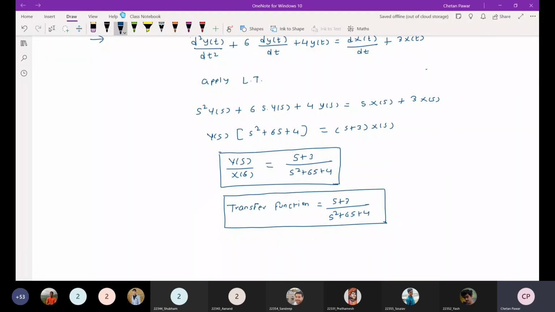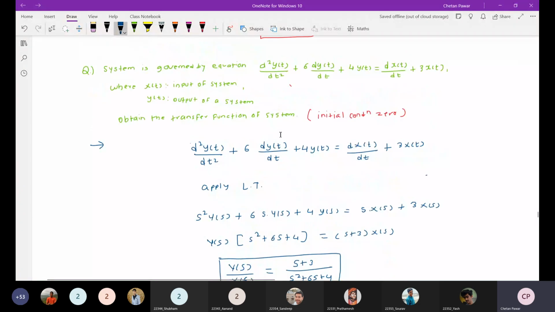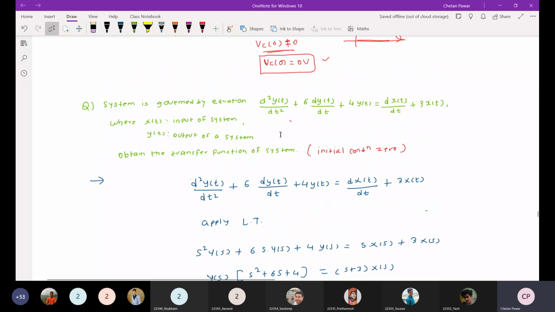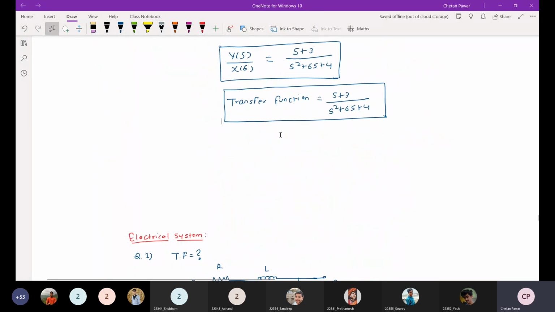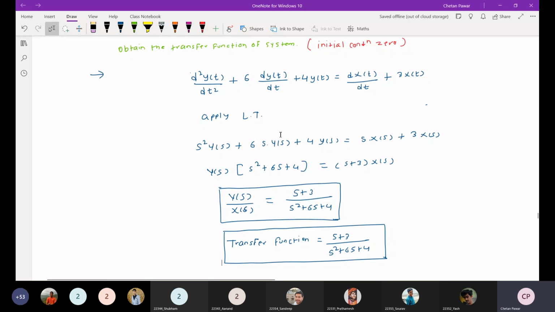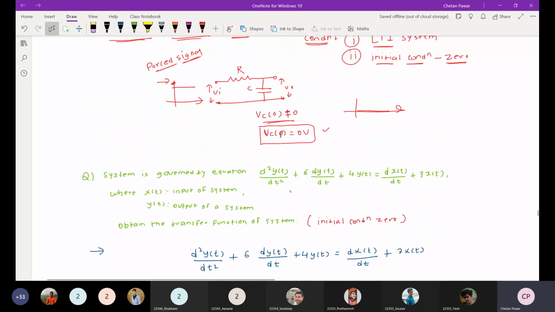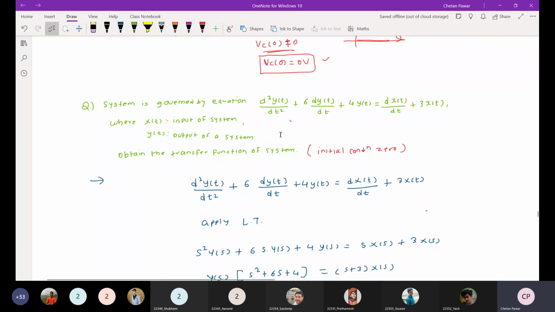Like this way, by converting the given differential equation into the Laplace domain, you can find out the transfer function. Like this way, you can calculate the transfer function.